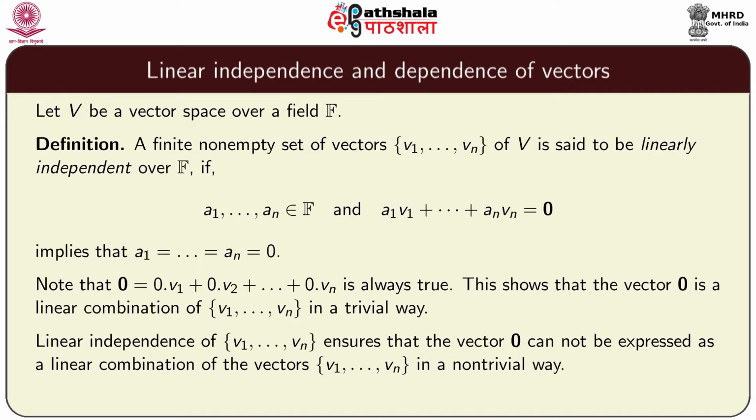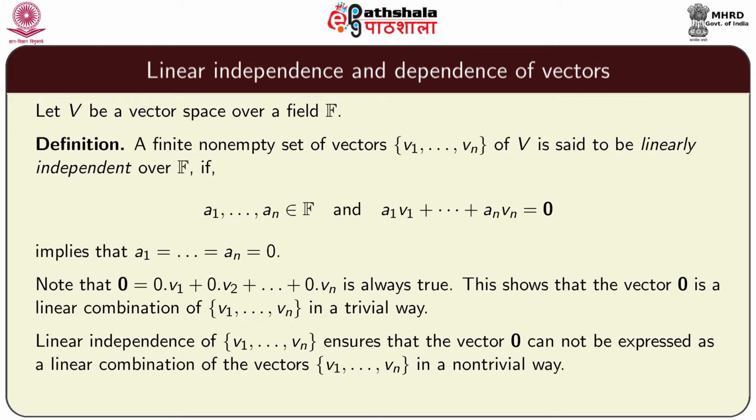Suppose that V1, V2, ..., Vn is a finite non-empty set of vectors of V. Now, we say that it is linearly independent over the field F if A1, A2, ..., An are scalars from the field F, and if the linear combination A1 V1 plus A2 V2 etc. up to An Vn is the 0 vector, then the scalars A1, A2, ..., An must be all 0.